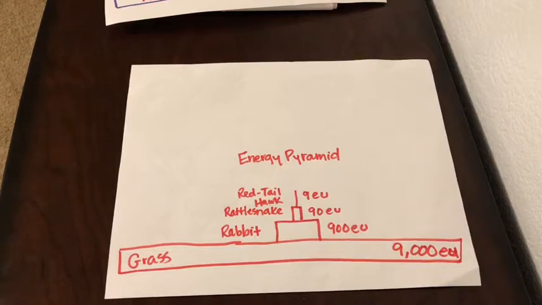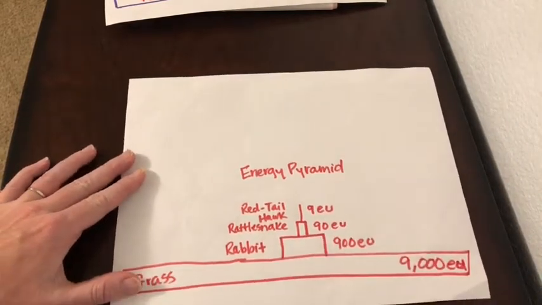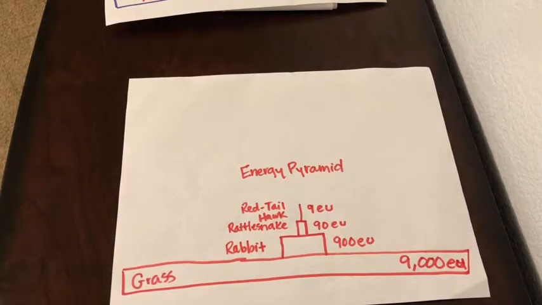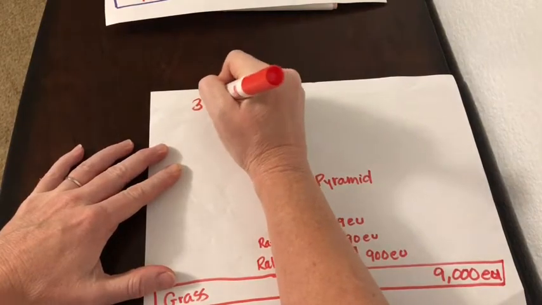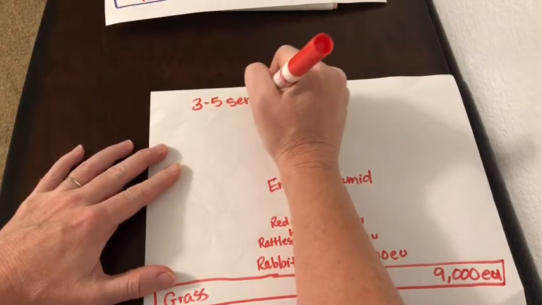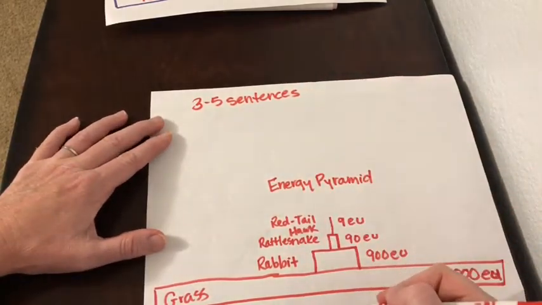Another thing that this is asking you to do is to be able to write a paragraph about the transfer of energy through the pyramid. So your paragraph should be 3 to 5 sentences. And you can easily describe this in 3 to 5 sentences.